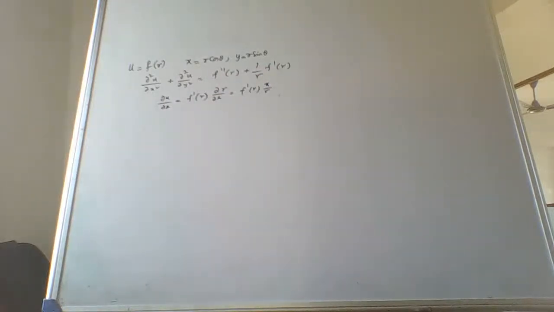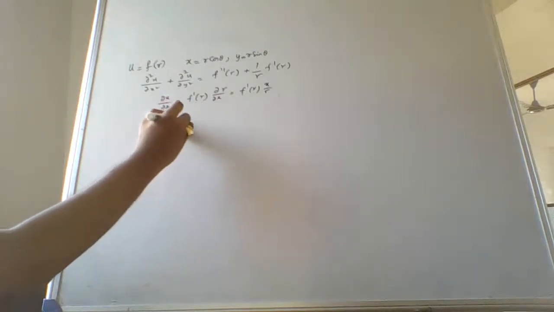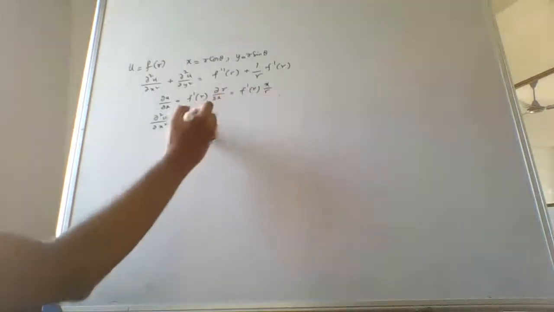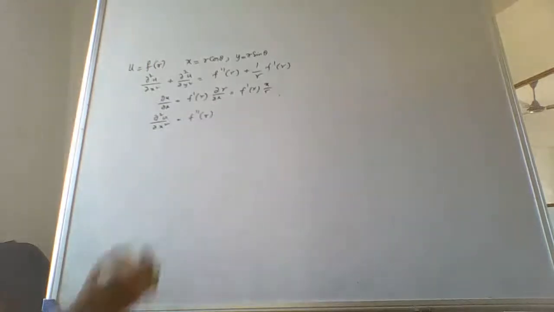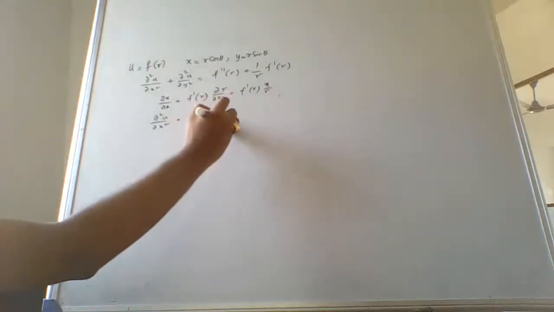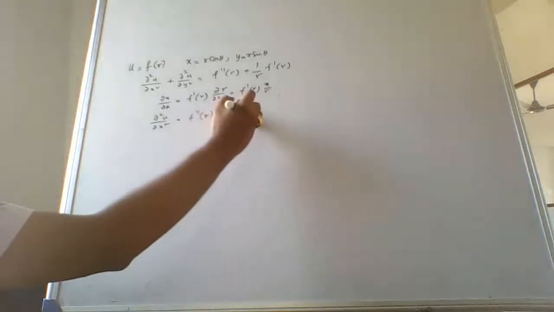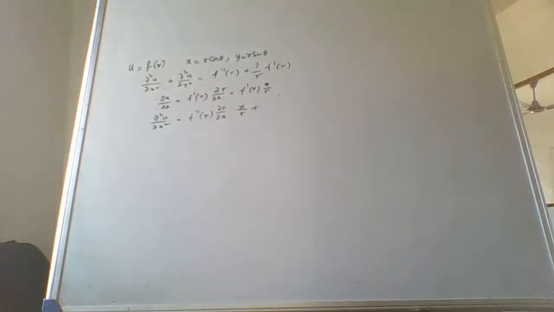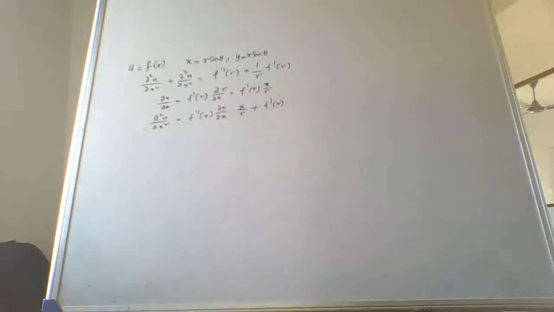Now again, dou square u by dou x square. Let us do that here. Now this is f double dash r, dou r by dou x, into x by r, plus you have f dash of r, so that is 1 by r.